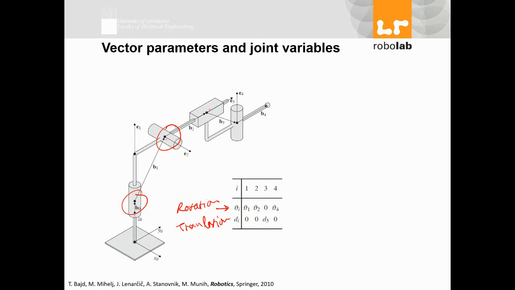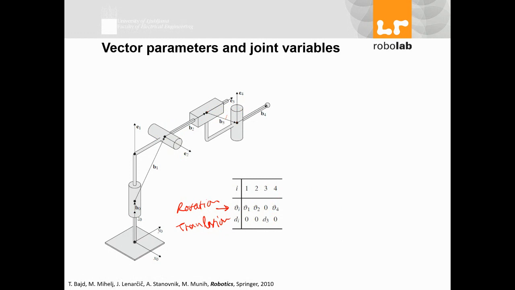For joint 3, I don't have any rotation, but there is a displacement or translational movement, d3. And for 4, I have another rotation.